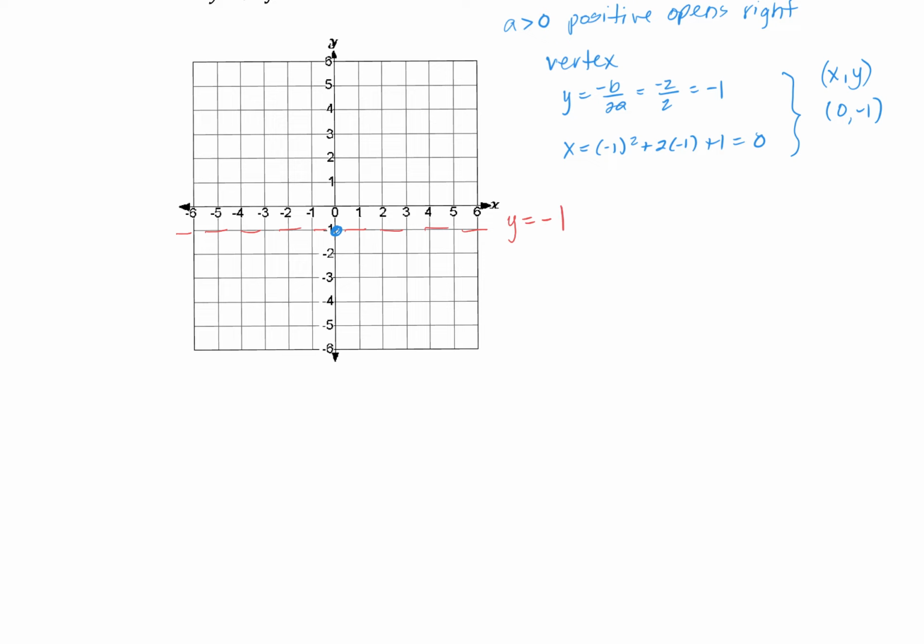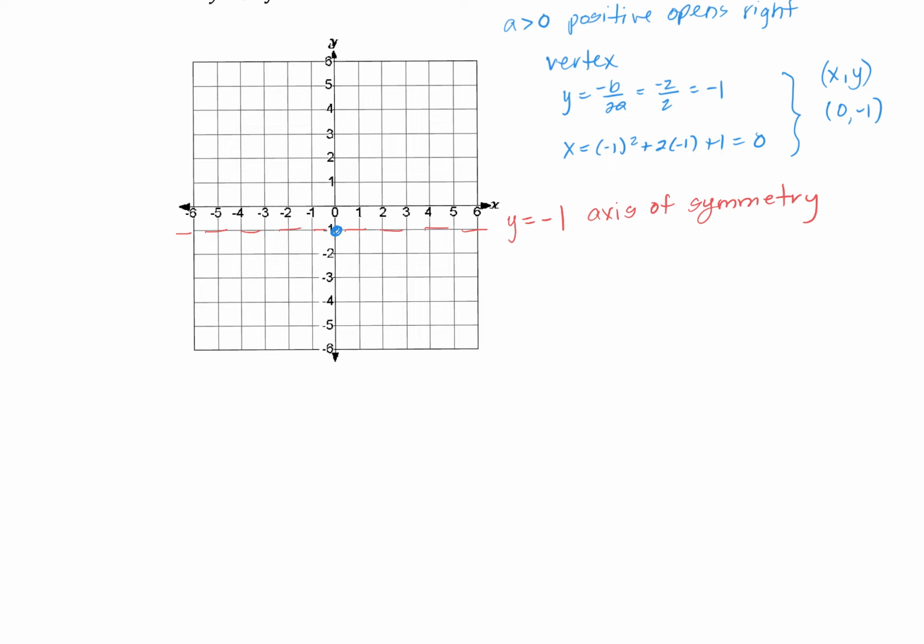It's the y value of the vertex, and this is going to be our axis of symmetry, which is good. Because when we find more points so that we can finish our graph, if we have a point above our axis of symmetry, we'll find its mirror image below the axis of symmetry. Let's go ahead and find some points.